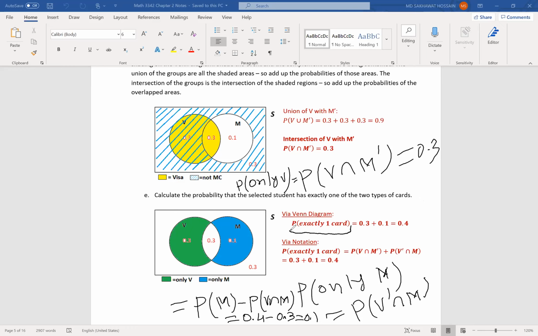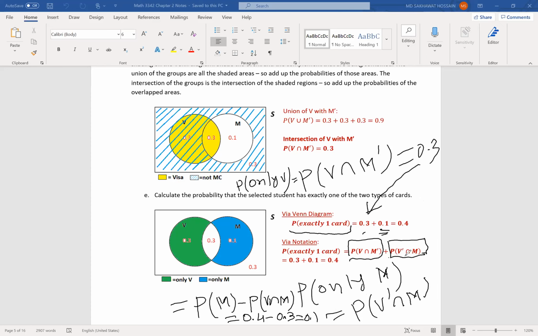The probability of exactly one card means only Visa card, which is 0.3, and only MasterCard, which is 0.1. So you have to add them together. Or you can also use the formula: exactly one card means the student has a Visa card but doesn't have MasterCard, plus the student has MasterCard but doesn't have a Visa card.